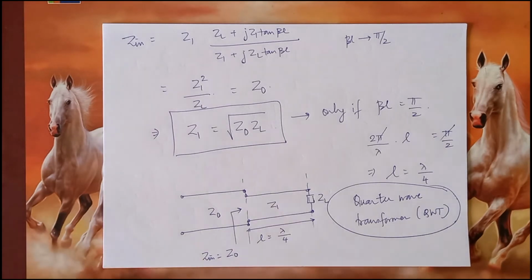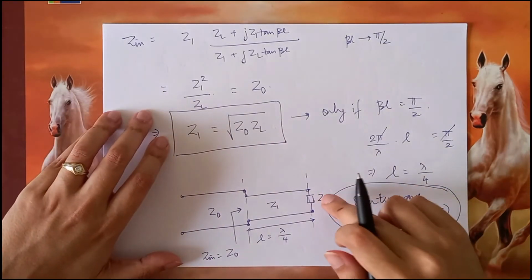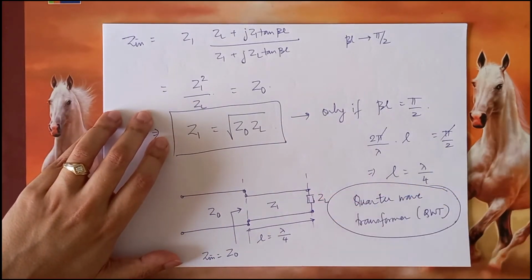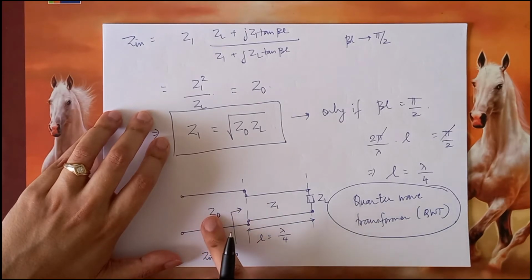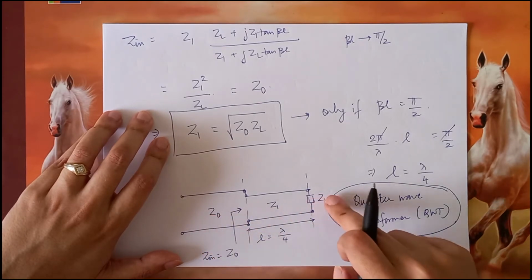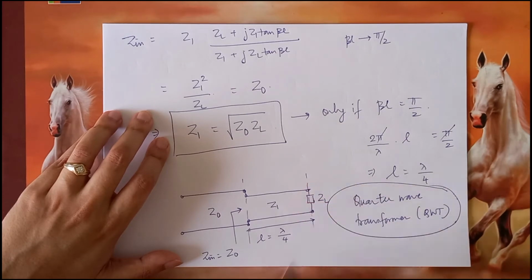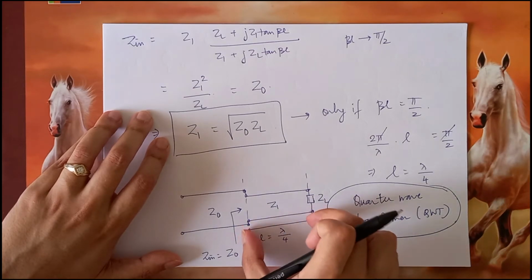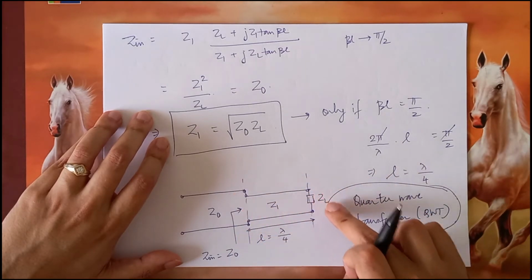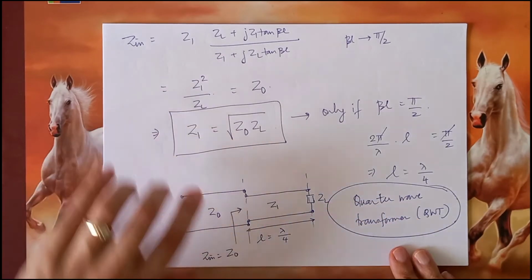Now, effectively what are we doing? We are essentially having a different load impedance, but still ensuring that the reflection seen by the main line is 0 overall. So in some sense, the main line knows that even though the load impedance is not equal to its own characteristic impedance, this QWT is sort of transforming that unequal impedance of the load into Z0.